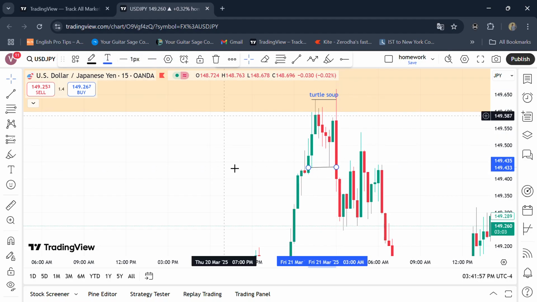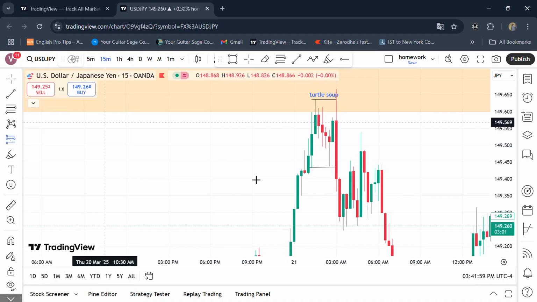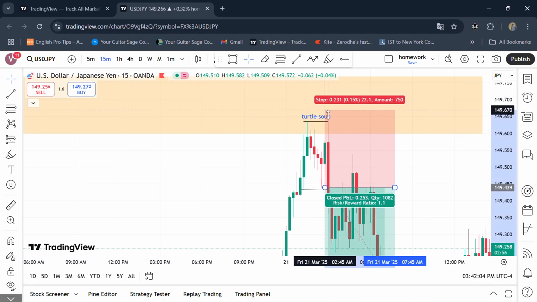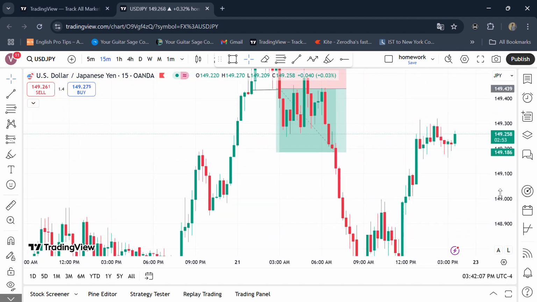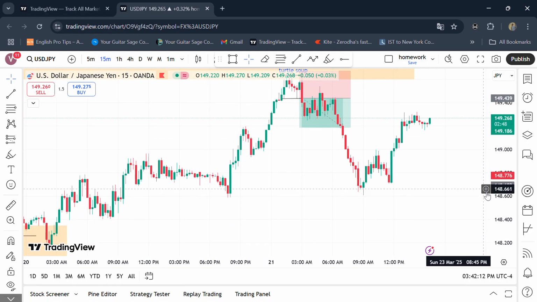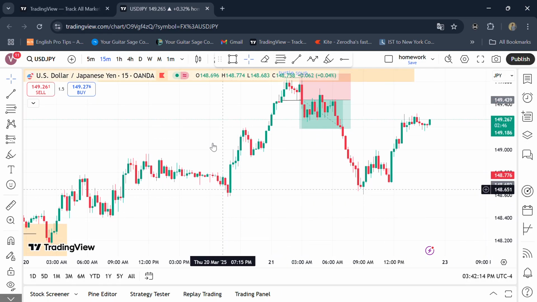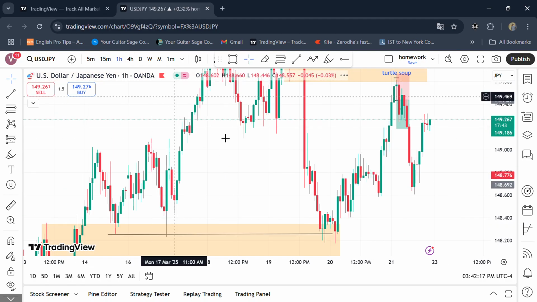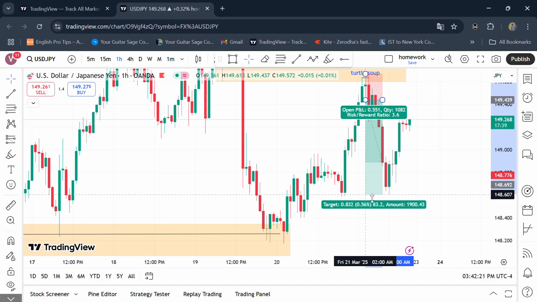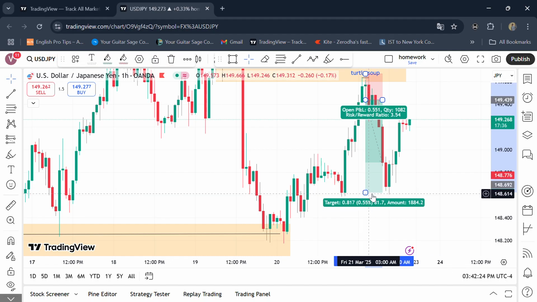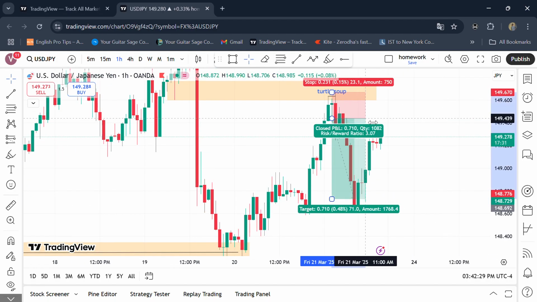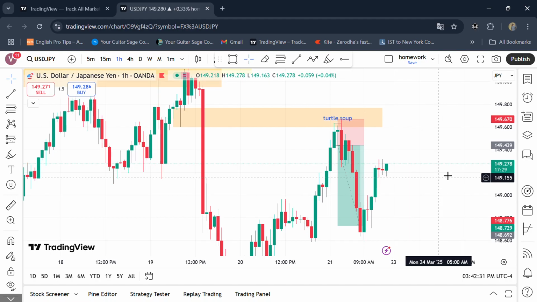Let me show my entry. SL was here, and my stop loss, I kept it minimum, so it was this order block. There is an order block here at 1 hour as well. Yes, it's a 1 hour order block. This was my trade, and this is how I executed it.